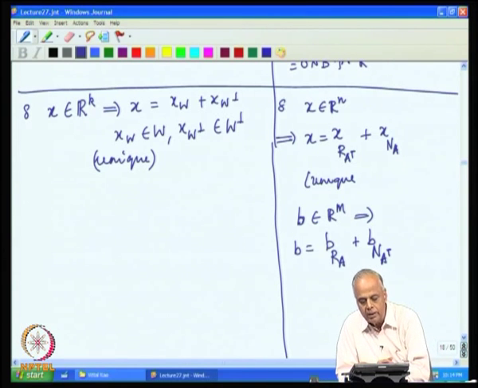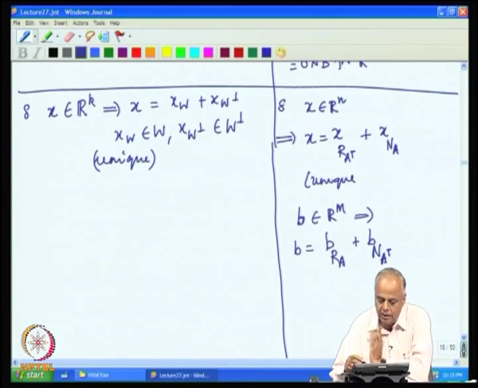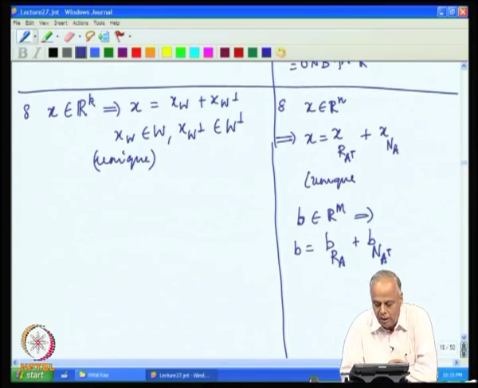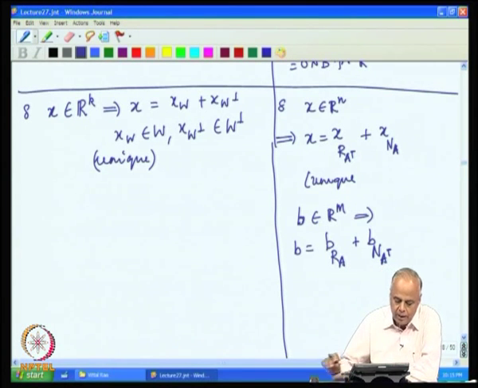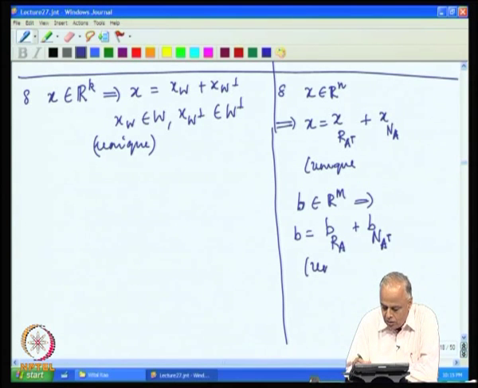So, any vector in the n dimensional side can be decomposed as a vector in R(A transpose) and a vector in null space of A, and any vector in the m dimensional space can be decomposed as a vector in R(A) and a vector in N(A transpose), and these decompositions are unique.